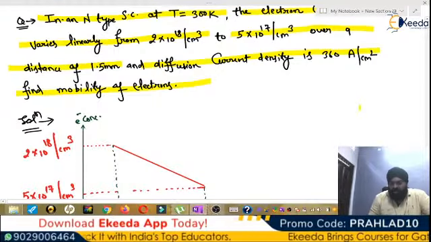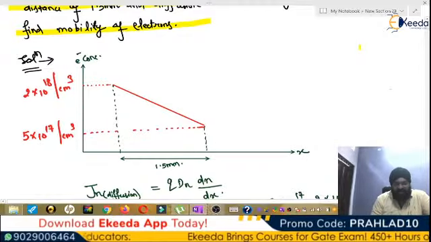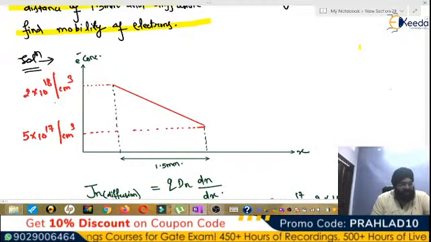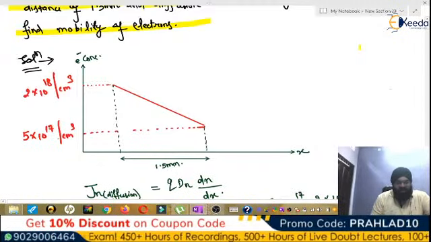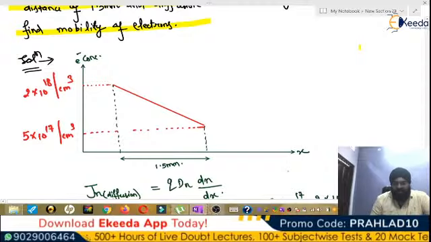Okay, so when we draw the diagram of this semiconductor, the concentration varies from 2 into 10 to the power 18 per centimeter cube to 5 into 10 to the power 17 per centimeter cube, like this, over a distance of 1.5 millimeter.